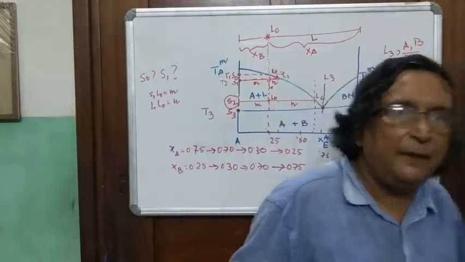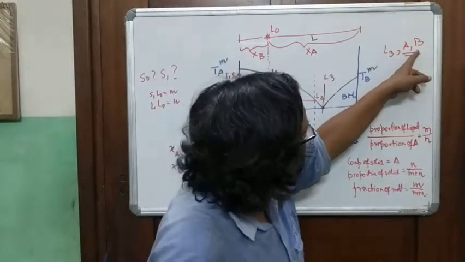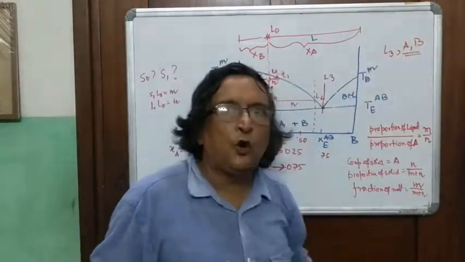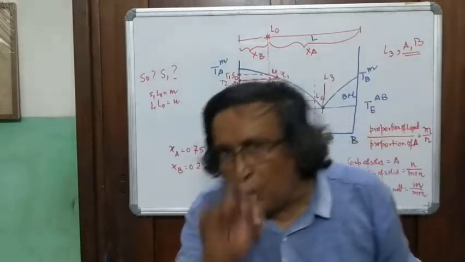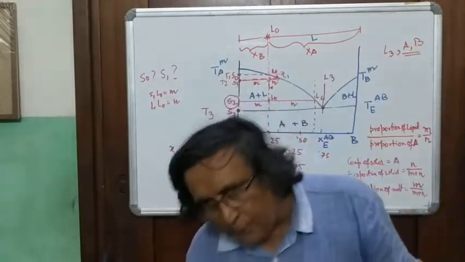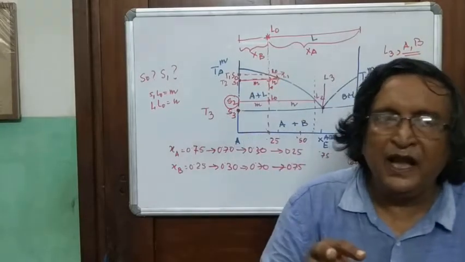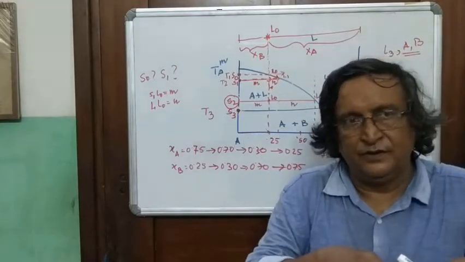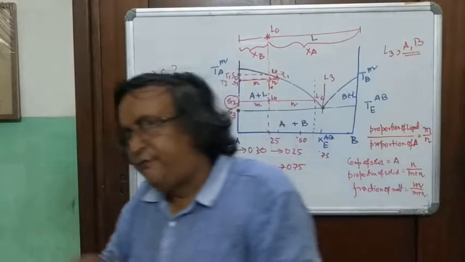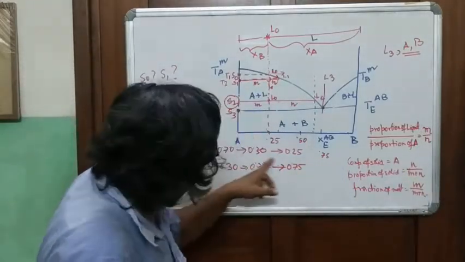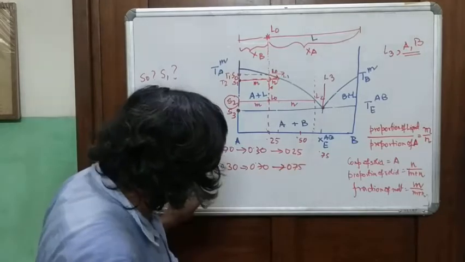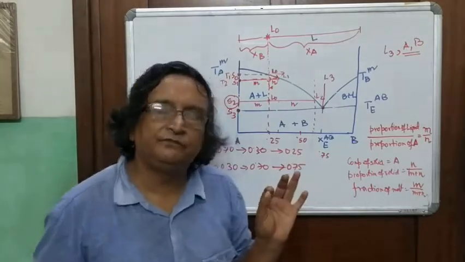So now what will happen? A and B both will co-precipitate. When I say A and B, I mean pure A and pure B crystals will precipitate from the melt whose composition is XA 0.25, XB 0.75.